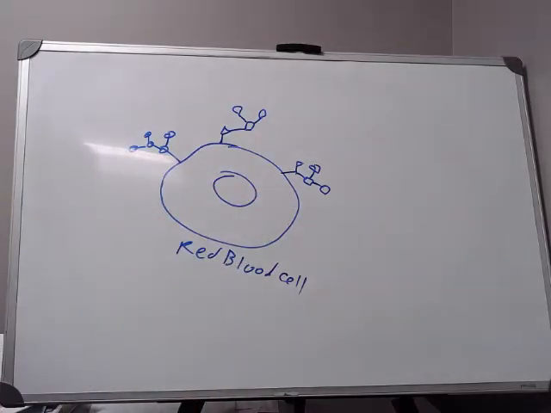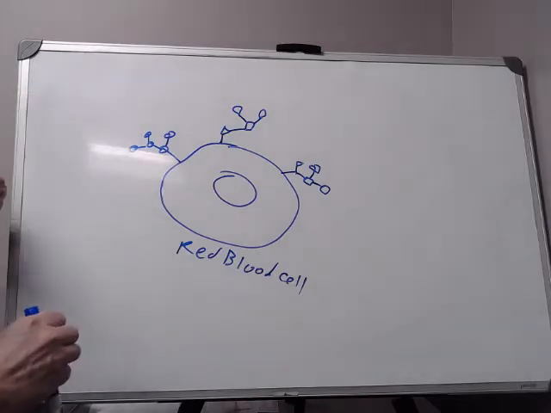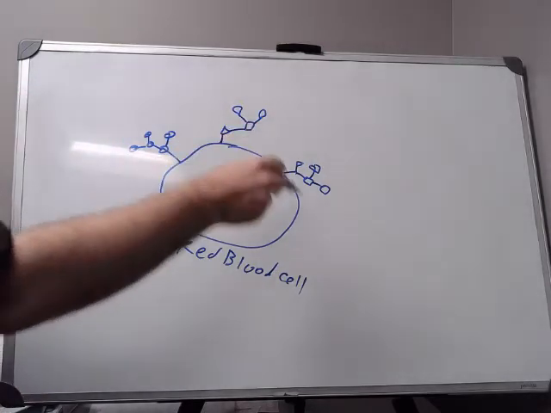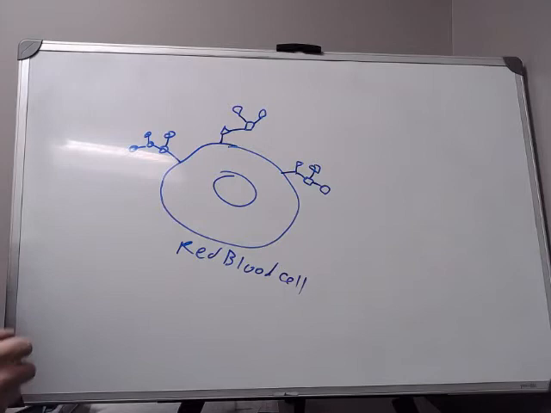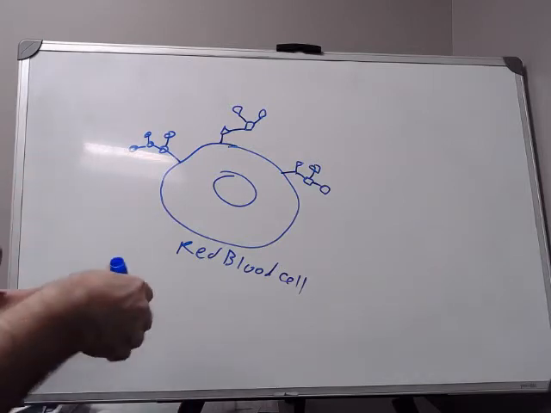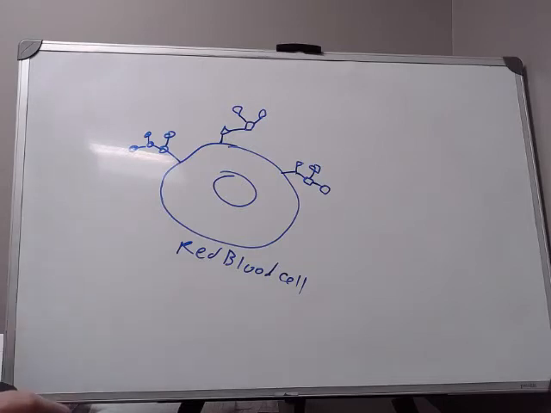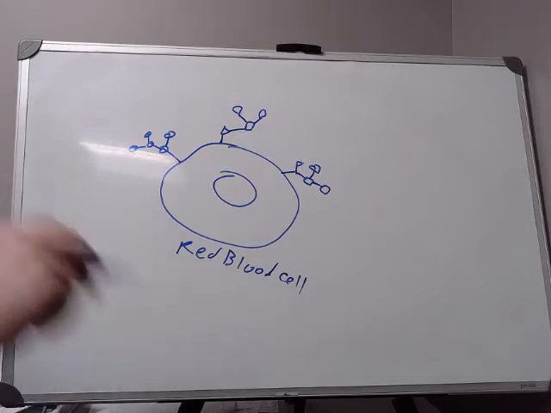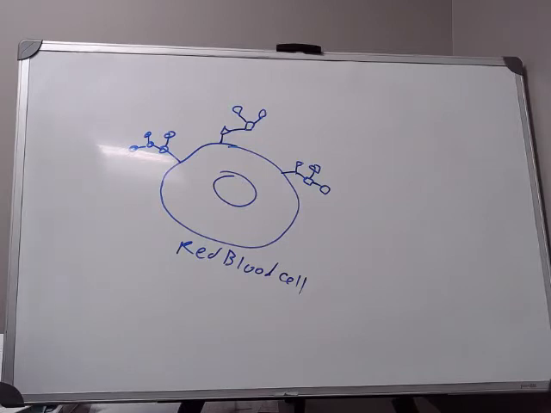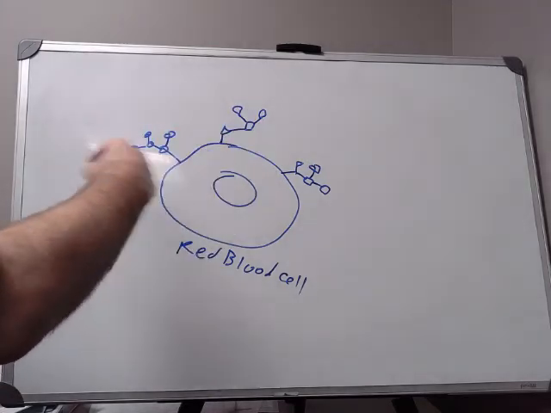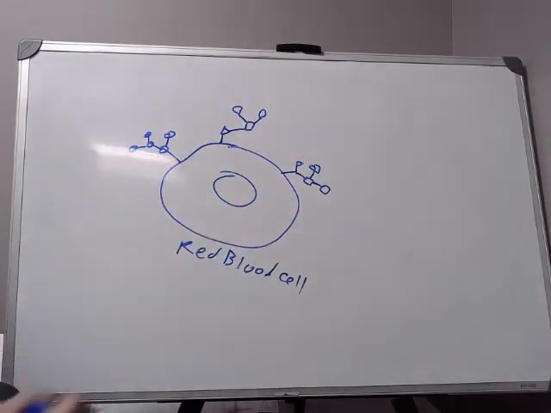And your immune system would be able to identify those different oligosaccharides. And so if a person with A-type blood is given B-type blood, the immune system will recognize those B-type blood cells as foreign and attack them, causing an immune rejection. If you have AB blood type, then you have both A and B oligosaccharides on your blood cells.